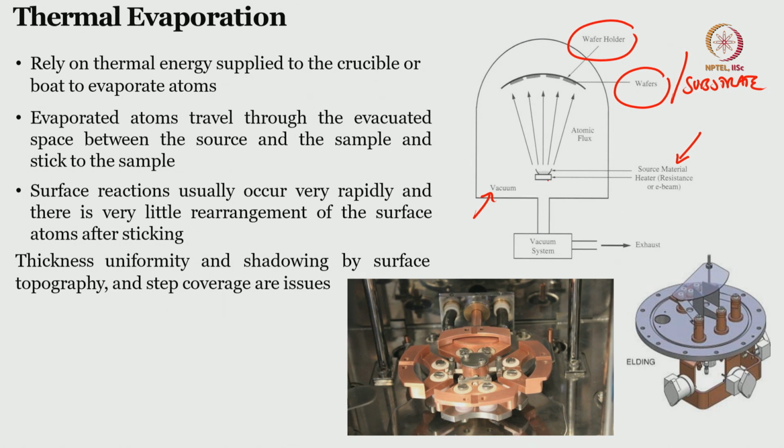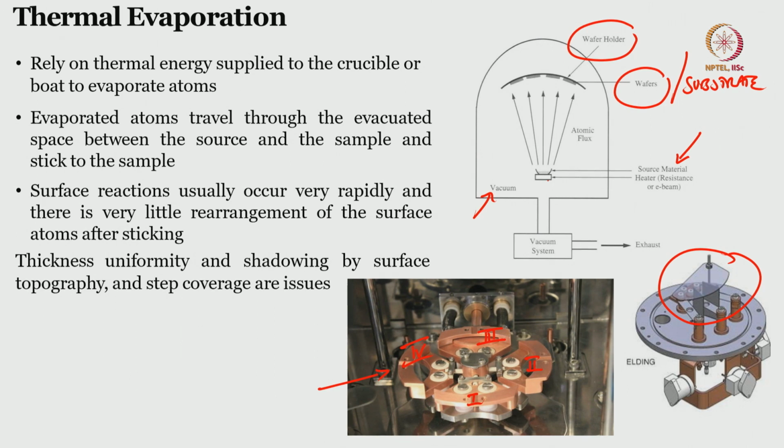When you apply a voltage to the source material or source holder, the material within the source holder will melt and evaporate. This is the shield that I was talking about in the previous slides, and this is the source holder. It can have 4 sources: source 1, source 2, source 3 and source 4.